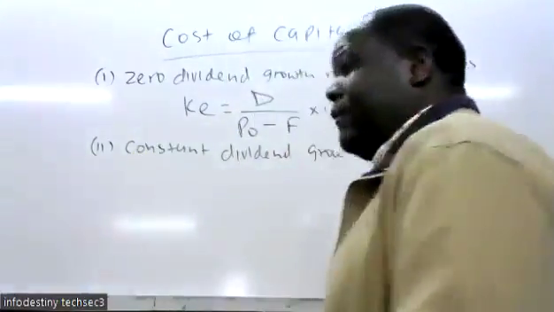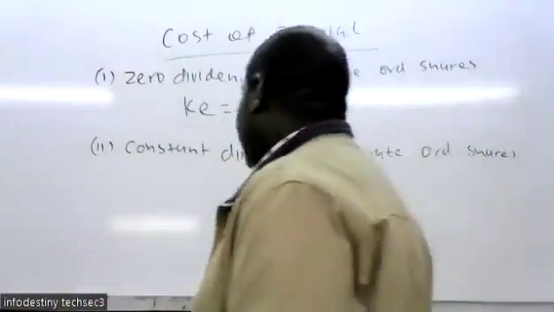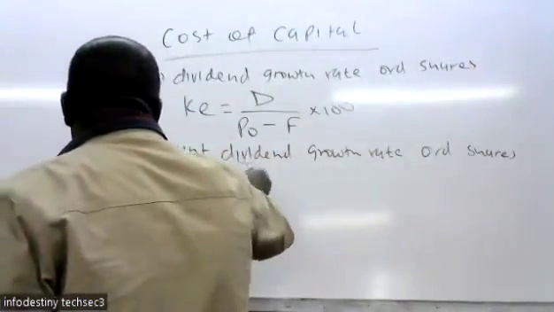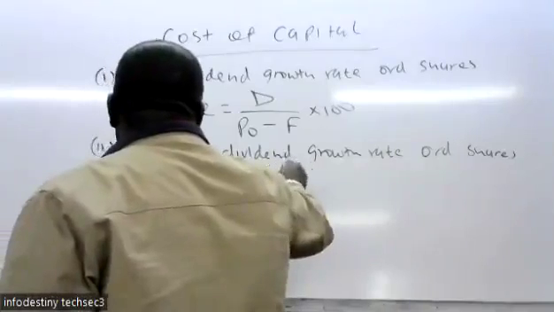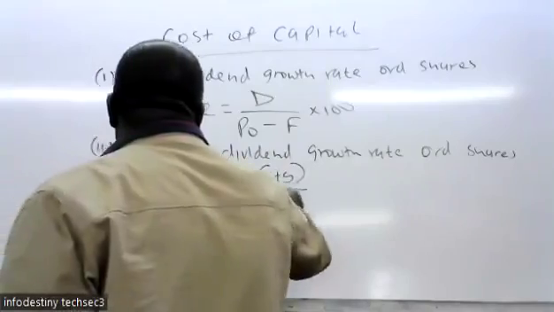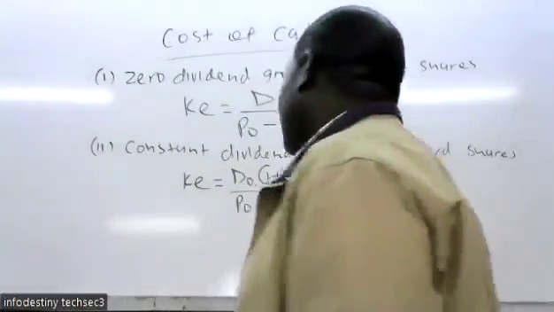So we already know the formula for this. We are simply making KE the subject. It will be given by D0 in the brackets of 1 plus g, divided by P0 minus the flotation cost.